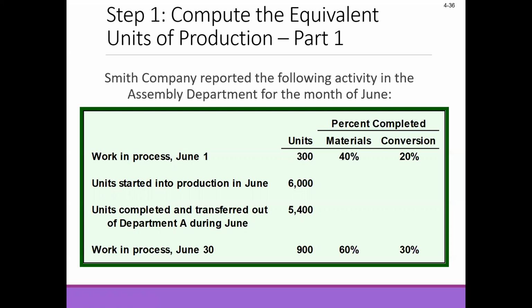Then we show our units started into production, and then our units completed and transferred out during June. Then we show our work in process as of the end of the month, 900 units with regards to 60% completed for materials and 30% completed for conversion costs.